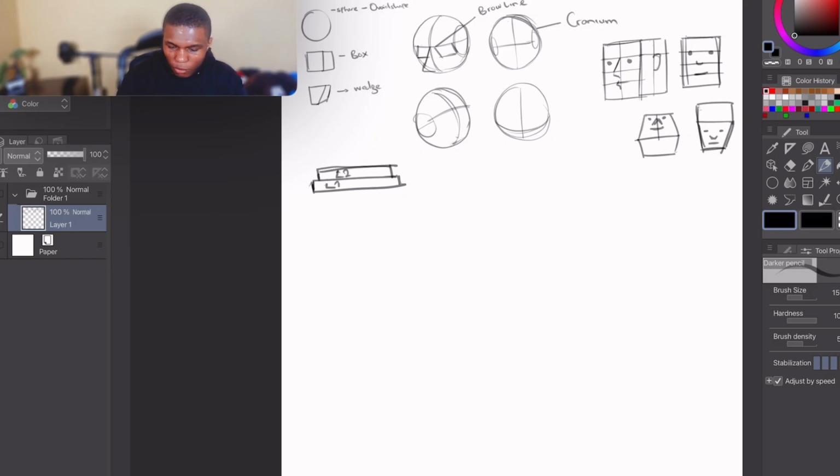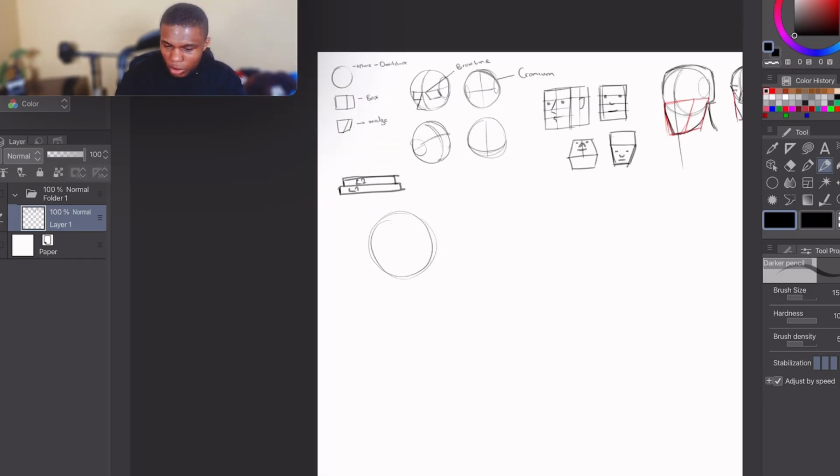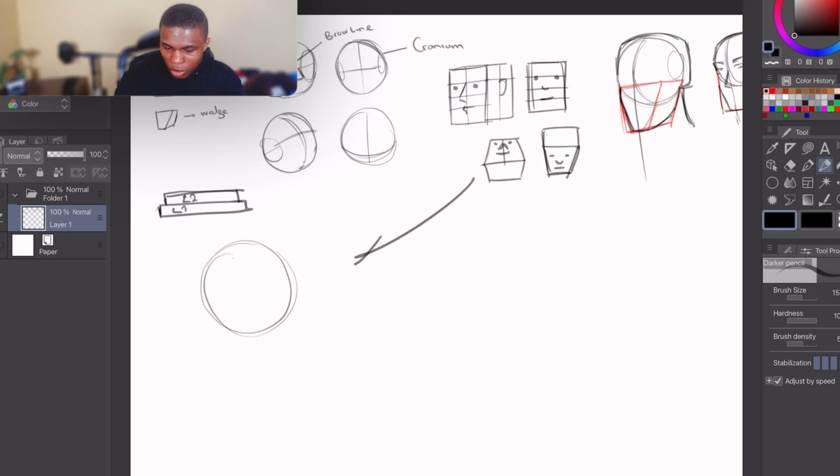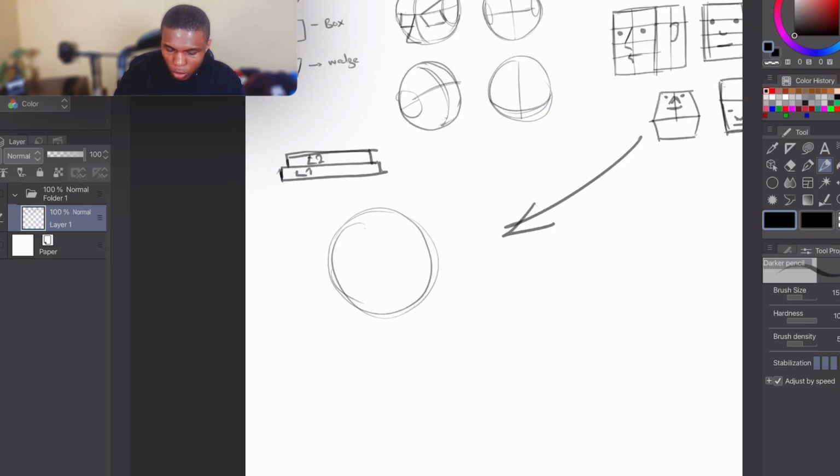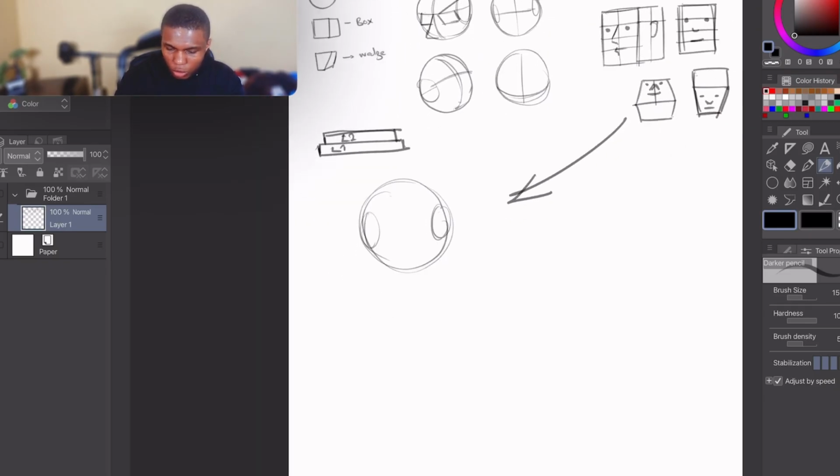So you take a reference, and we're applying everything we've learned here to the skull. That's how I would approach learning. So we'll have our sphere, and then we'll have our box. You could use just the box, whatever.